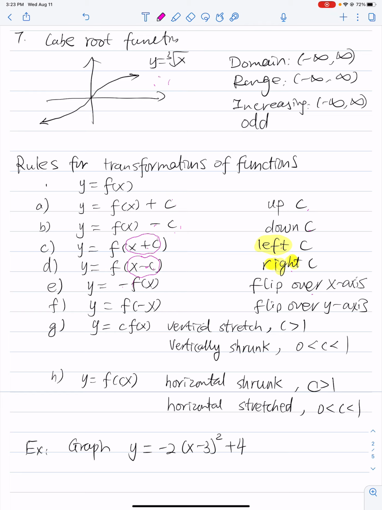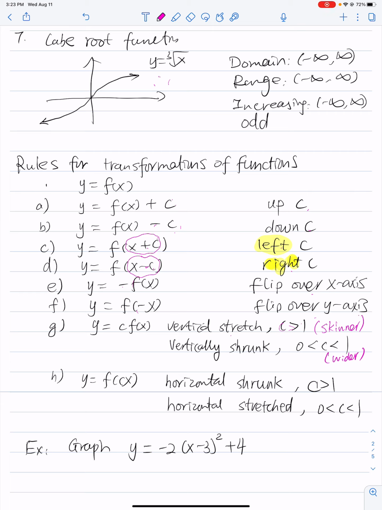If you have the negative sign only with the x, that is flip over the y-axis. If you multiply by a number, that means vertical stretch. So what will you see in the picture? It becomes skinnier. Because vertical stretch means your height is much taller, and vertical shrink means it becomes shorter, and the picture will become wider.